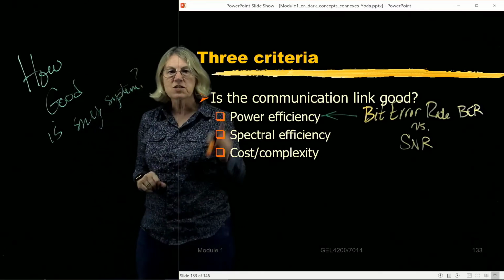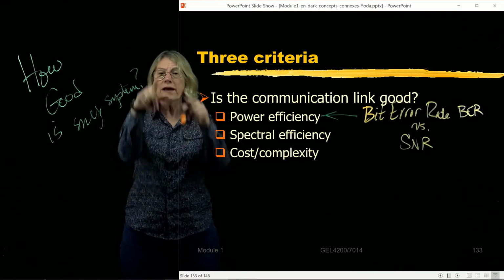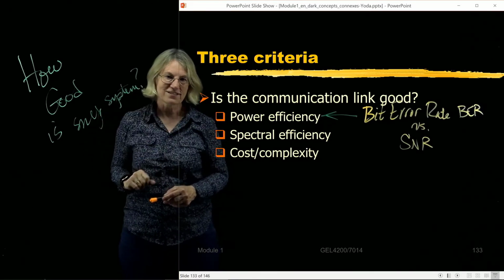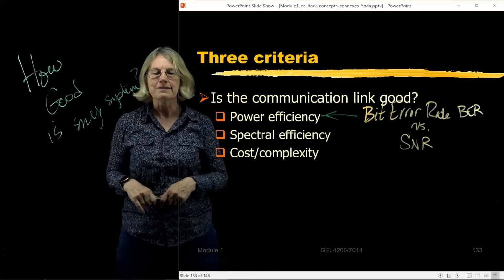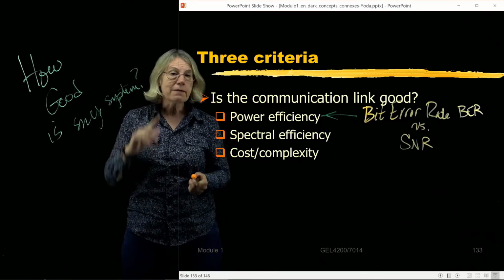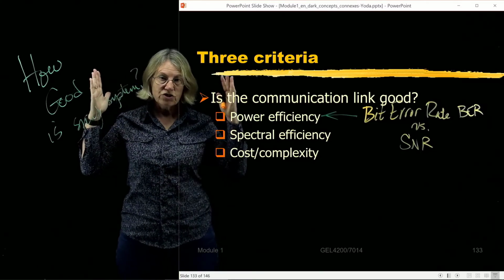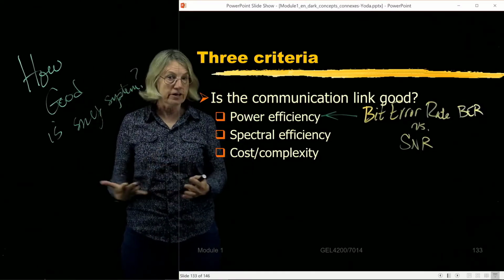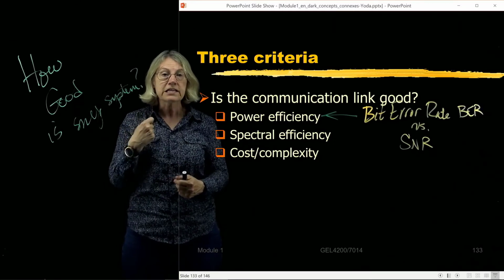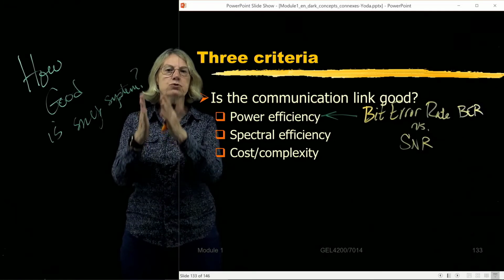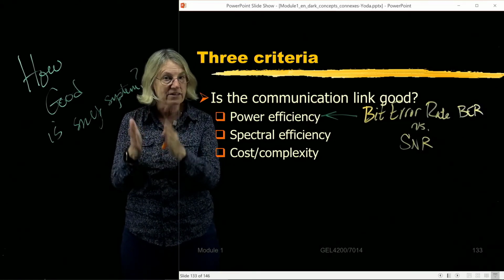The other thing is spectral efficiency. Let's go back to the cell phone. Cell phones are the most demanding of communication systems. They're really demanding on all the criteria. But in spectral efficiency, if I'm TELUS or Rogers and I want to have a larger frequency coverage, I have to pay billions of dollars for that. I pay billions of dollars to get the right from the government to exploit a certain band of frequency.